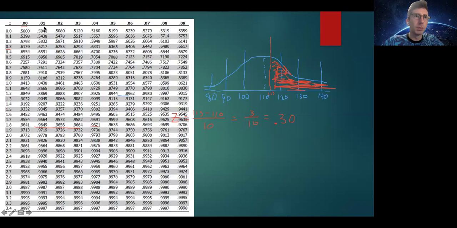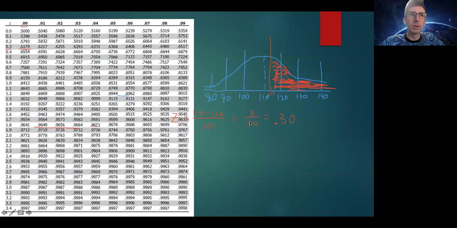It's not 0.31 or 0.32, it's 0.30 exactly. So if we come down, just stay in this first column right here in our 0.3 row, then the area under the curve that we get is 0.6179.